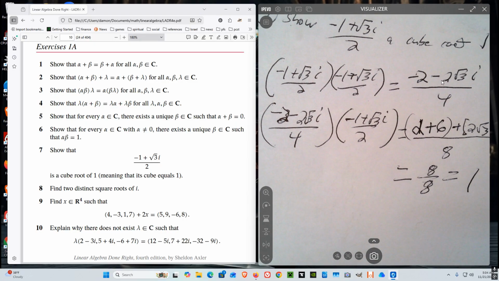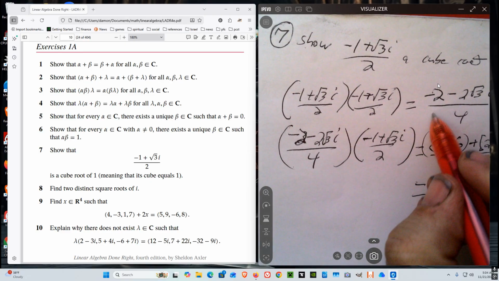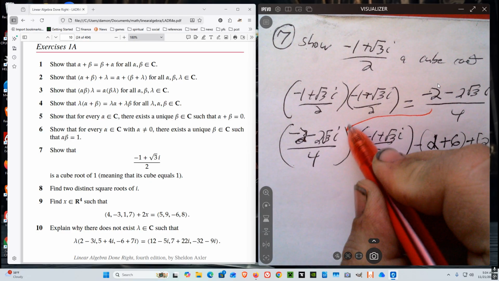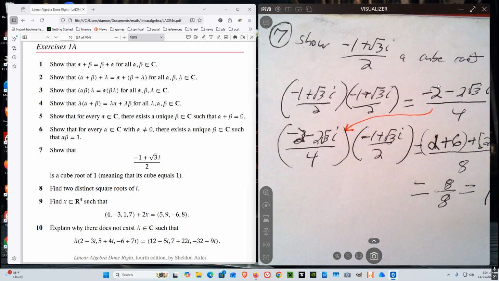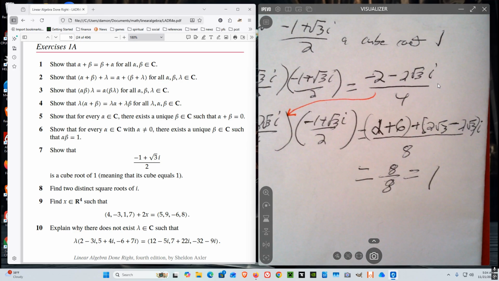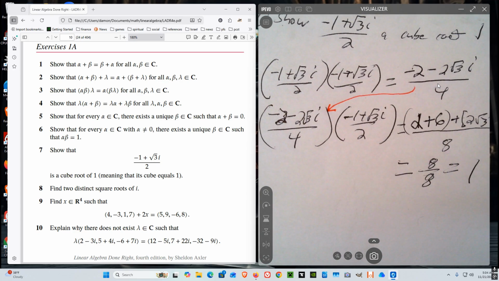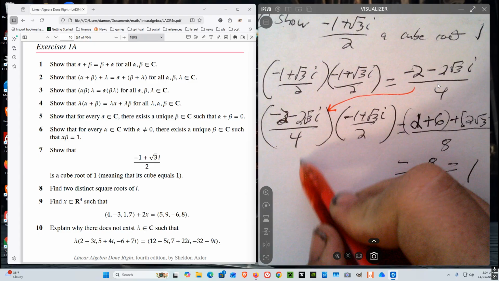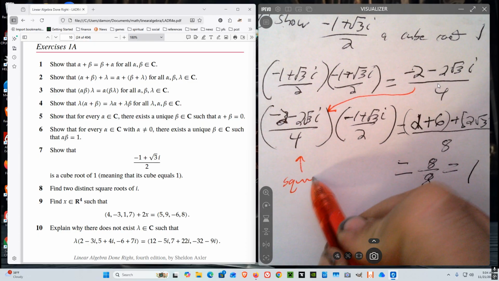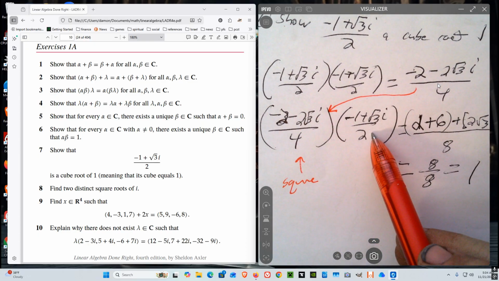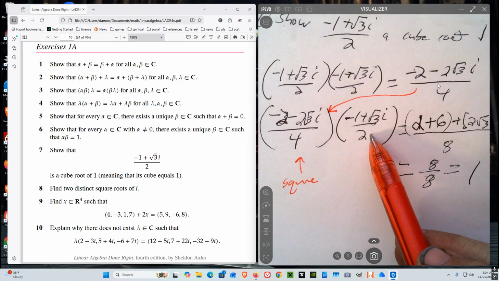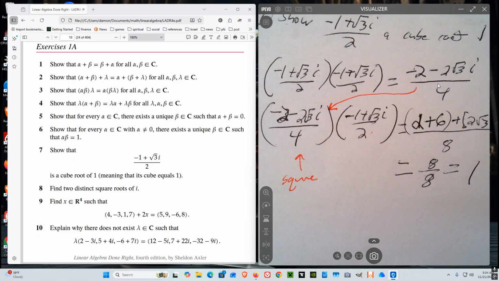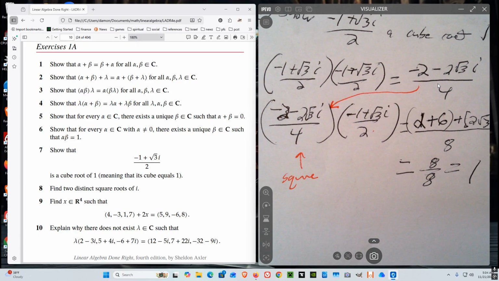So now I take what I got here, and I'm going to use this down here. To do the cube, this is the square. Multiplying by another -1 plus root 3i over 2 is going to make the cubing of that.